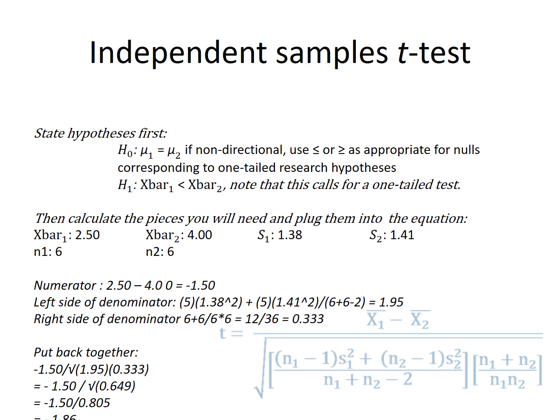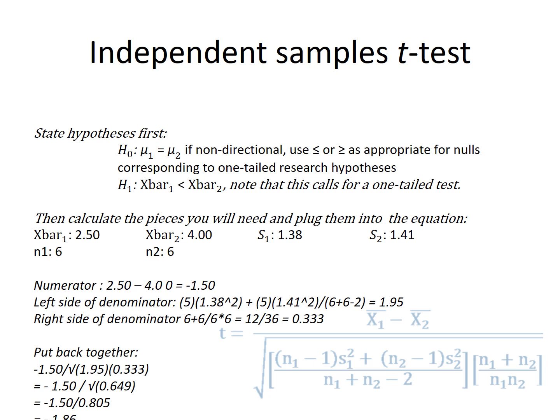Then I'm going to divide this whole thing. So I'm going to find the sample size minus 1 times the variance for each group, add those together, then divide that by the degrees of freedom, which is the two sample sizes added together minus 2. So for this whole side, the first brackets, the brackets to the left in the bottom of the equation, I get a total of 1.95.